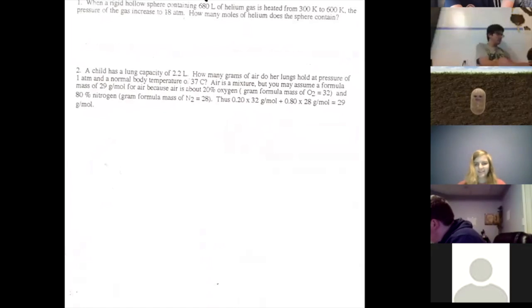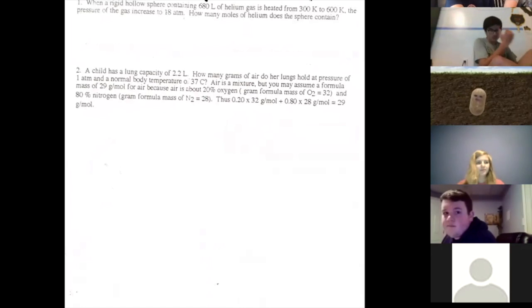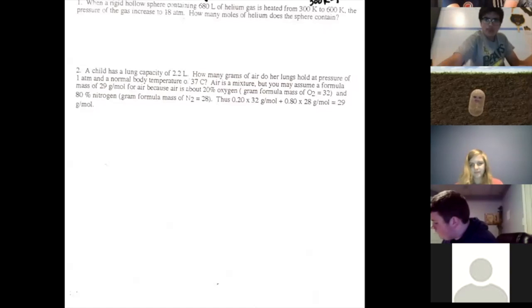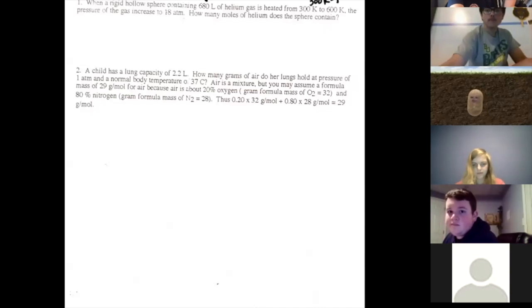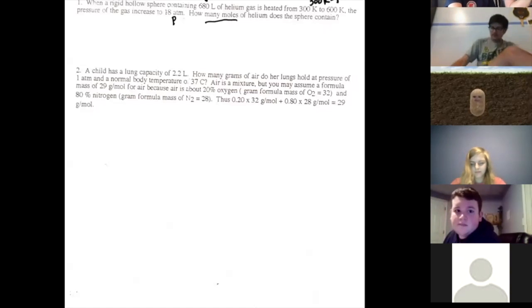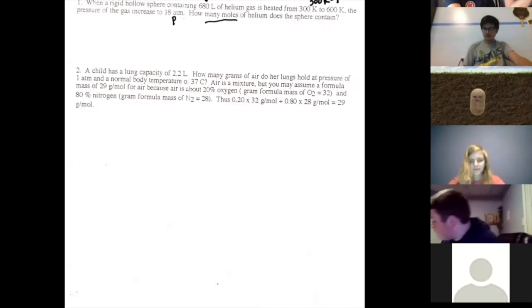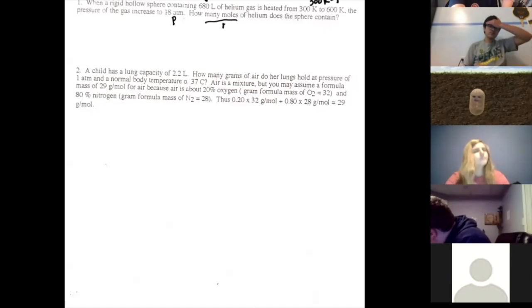So here we have 2 temperatures, but really what we want to know is the change in temperature. So 300 to 600 would be a change of 300 Kelvin. That would be our temperature that we're going to use for this. The pressure of the gas increases to 18 atmospheres. So there's my pressure. It asks how many moles of helium does the sphere contain? So that would be n.